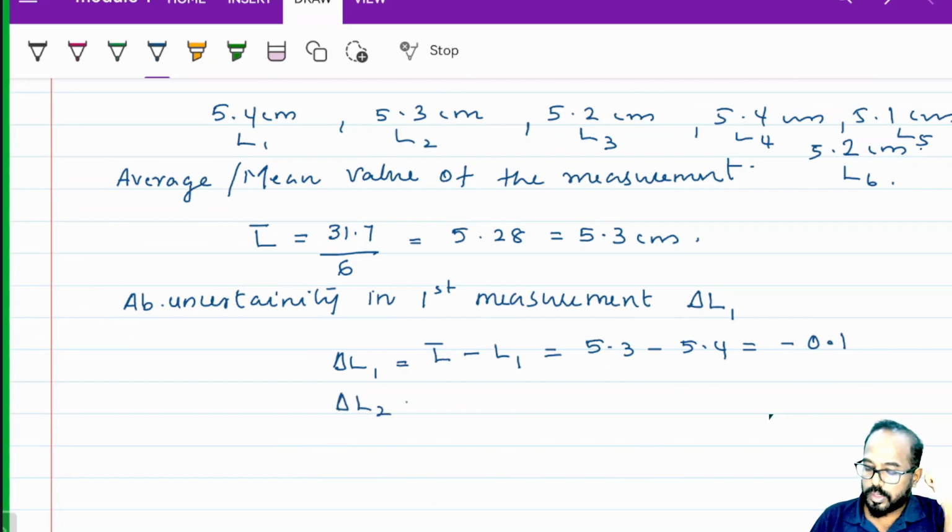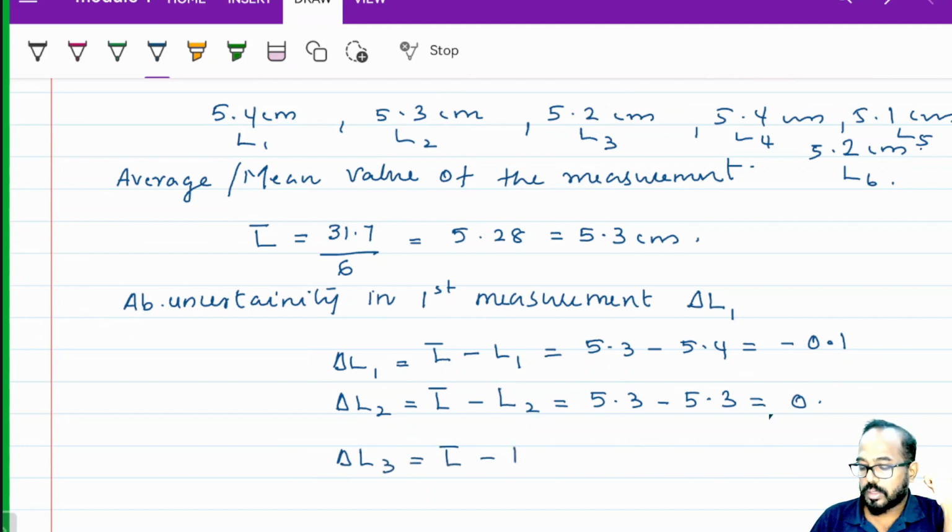Delta L2, which is equal to average value minus the second reading. So 5.3 minus 5.3, which is equal to 0. So delta L3 is equal to average value minus the third reading, which is 5.3 minus 5.2, which is 0.1 again.